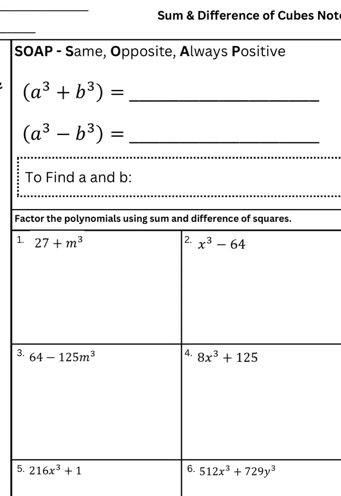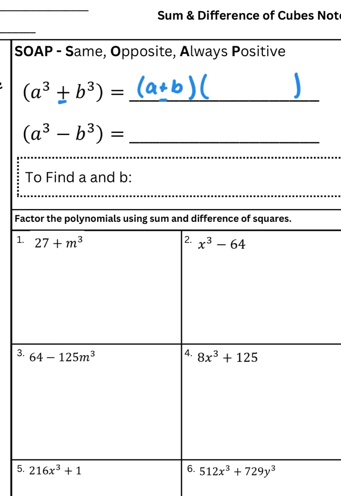So basically, if you have two perfect cubes and you are adding them together, the formula is going to break them down into two parts. So you're going to do A plus B. Same means that this sign is going to be the same as the first sign here.